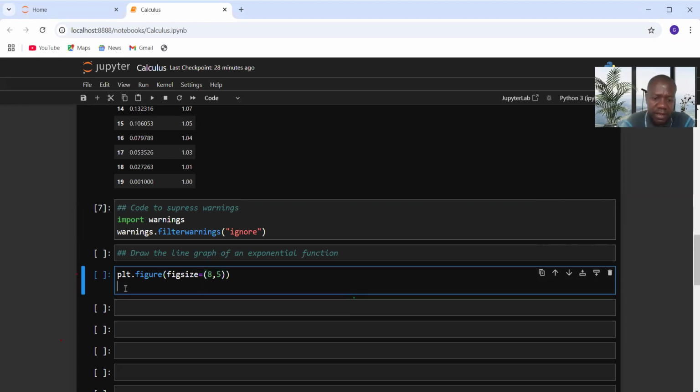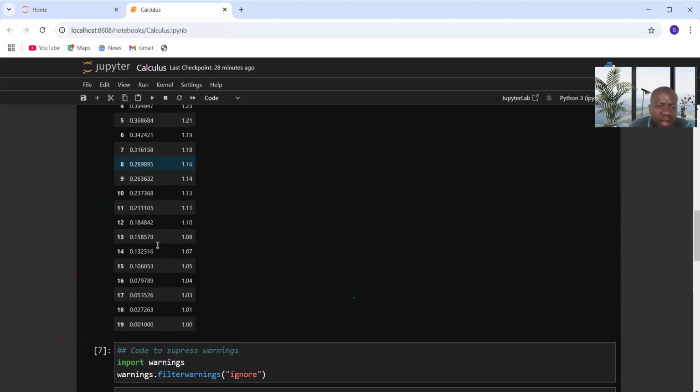Okay, I'm going to say plt.figure. I want to give the size of this figure, a fixed size, let's say 8 by 5. Then sns.lineplot. So we want to construct a line plot with the x and the y value. Then what is the x value here? The x value, I think I'll just use the h. What is my h? My h is just this.